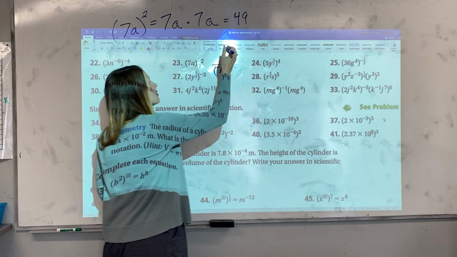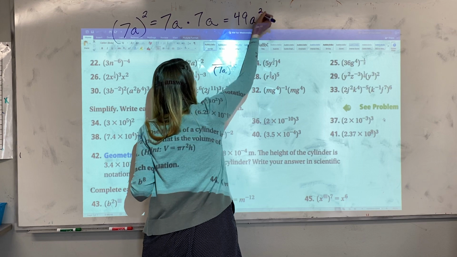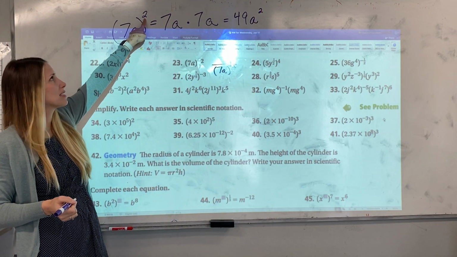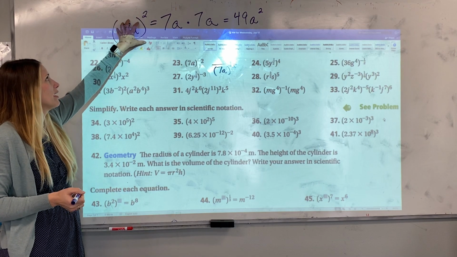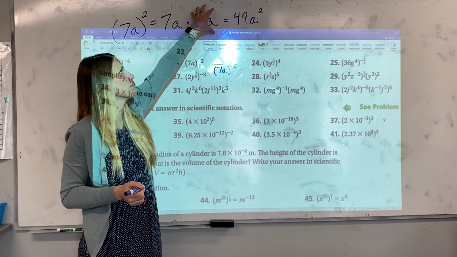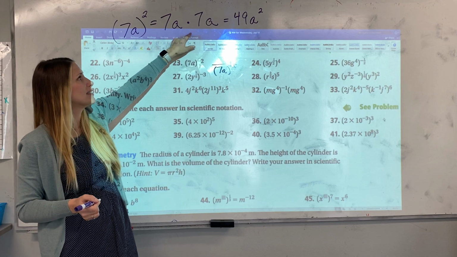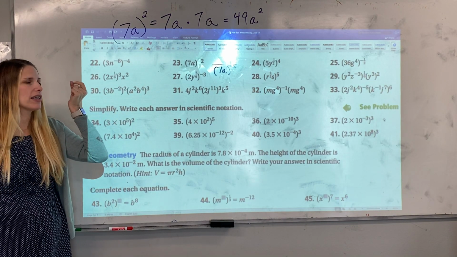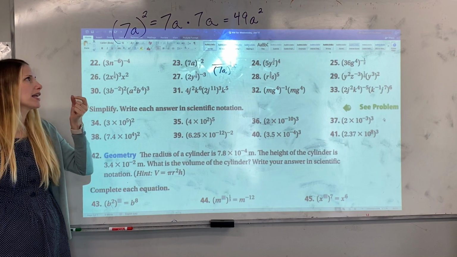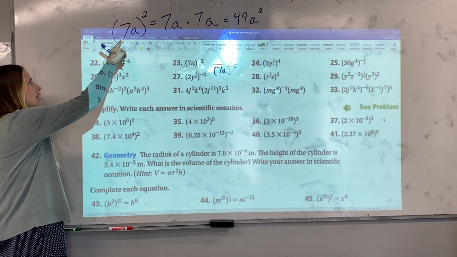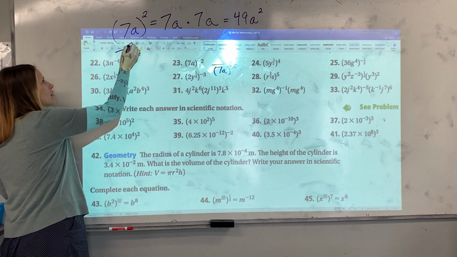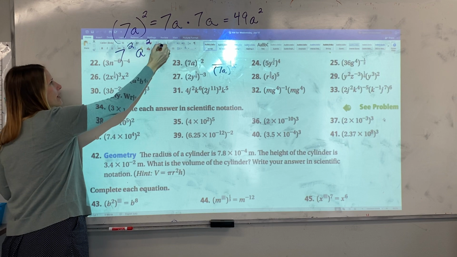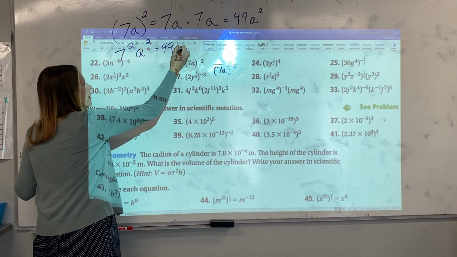Yeah, a squared. Do you see how when the exponent applies to everything, that means everything is being multiplied times itself, so the 7 is actually going to change? The shortcut way is to simply say that's 7 squared times a squared. And then 7 squared is 49, and then a squared.